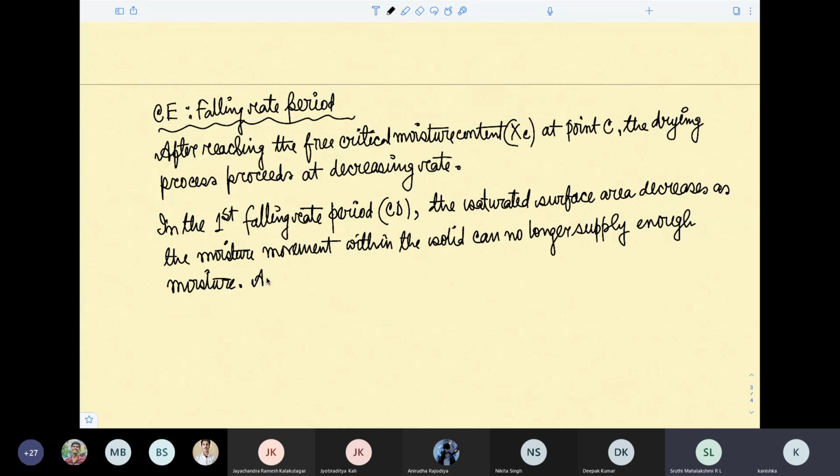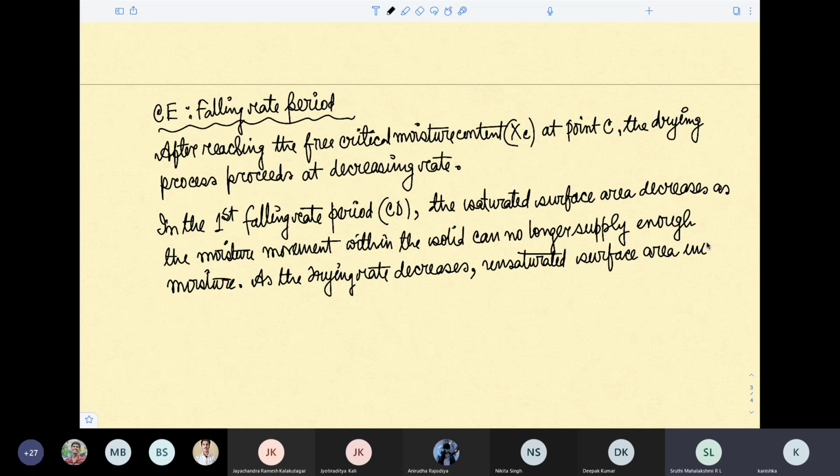So as the drying rate decreases, the unsaturated surface area increases.